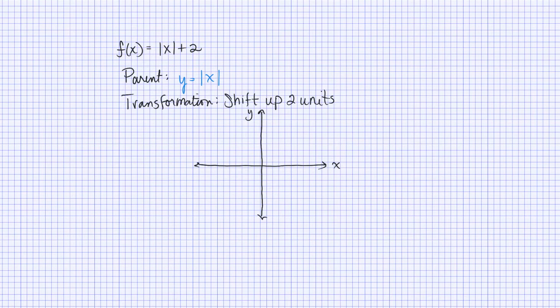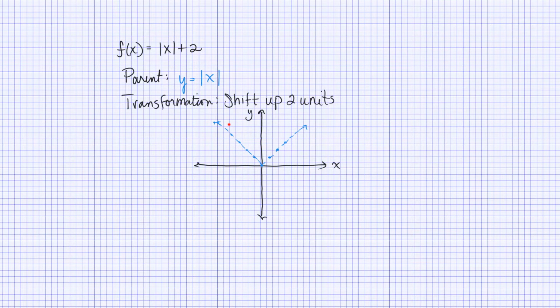And then I'm going to very lightly plot the points of that parent function: 0, 0, 1, 1, 2, 2, 3, 3. You know the basic shape that it takes, right? And then I'm going to take each of these points and shift them up 2 units.